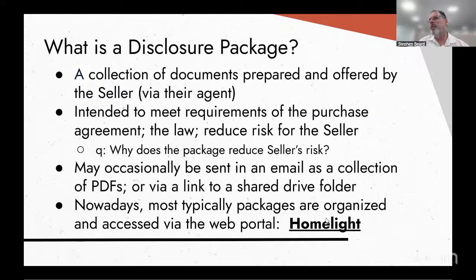But in the last 3 years, it's become much, much more uniform, at least here in Northern California in the Bay Area, to use the web portal called HomeLight. HomeLight used to be called Disclosures.io. HomeLight is a third-party company that provides this service of putting disclosures online.